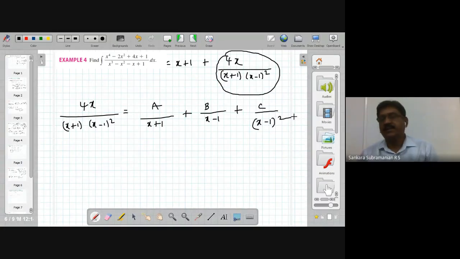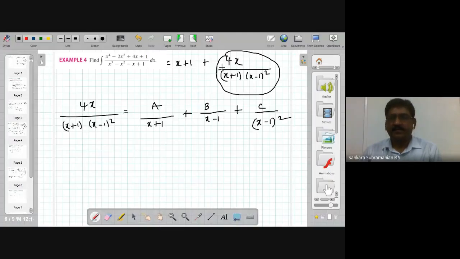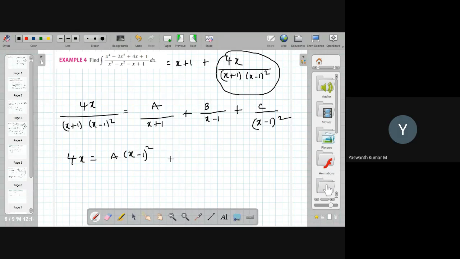Now the problem is finding A, B, C. I hope your time is up. Anyhow, we'll proceed. If I multiply the denominator of the left-hand side function throughout the equation, what do I get? 4x equals, because two terms get cancelled, here x+1 alone gets cancelled, so the term remaining is A into x minus 1 the whole square.